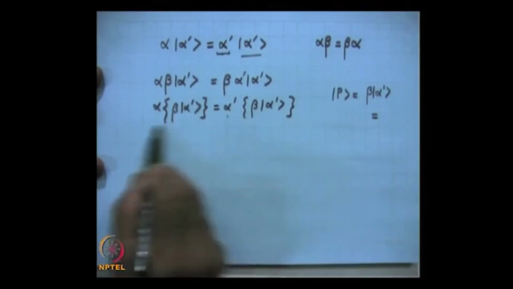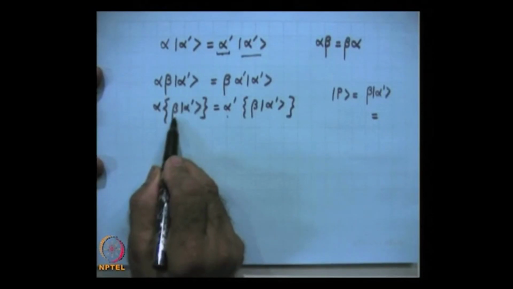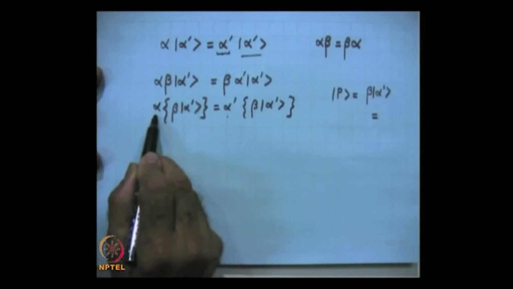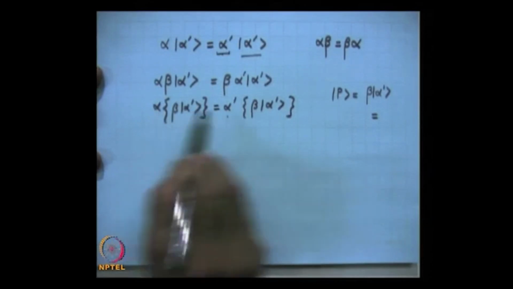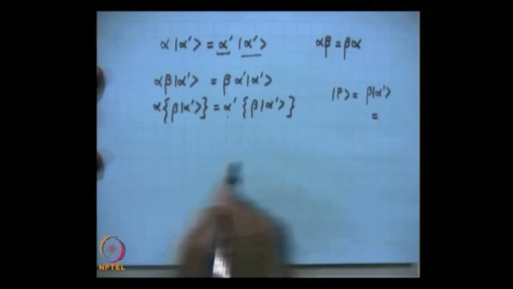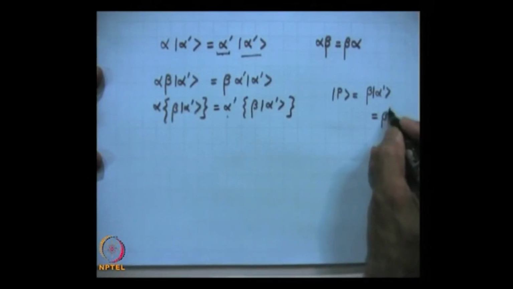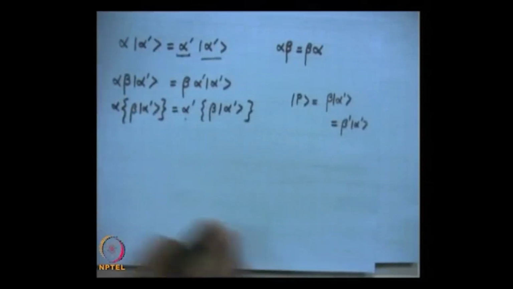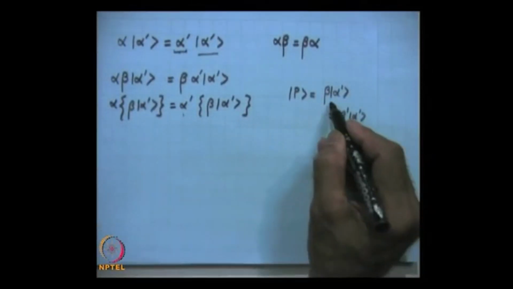This equation tells us that beta ket alpha prime is an eigenket of the operator alpha belonging to the same eigenvalue, and if it is non-degenerate, then it must be a multiple of ket alpha prime.